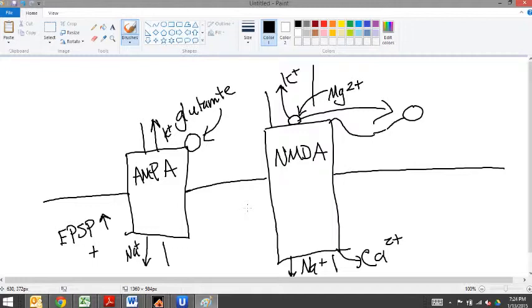They can speed up the kinetics of the channel opening or closing. They can allow more ions to flow, or maybe they could even turn the ion channel off. So modulation simply describes how a G-protein coupled receptor can change and modulate the activity of other enzymes and other proteins, such as ion channels.